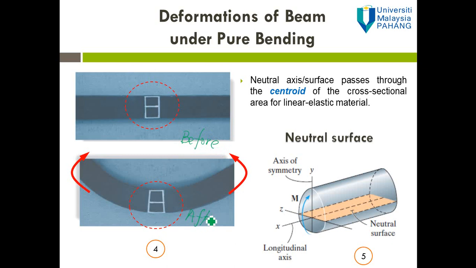After deformation, due to bending moment M, the beam will bend uniformly to form a circular arc.